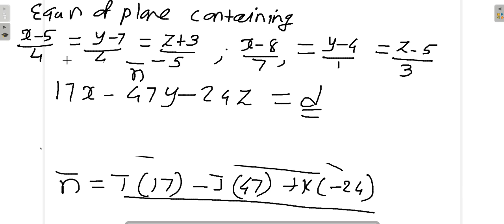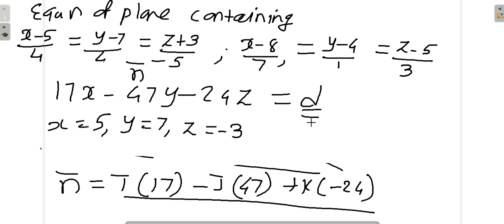Now how to find d? You know, the point 5, 7, minus 3 lies on the plane, because as the line lies on the plane, this point also lies on the plane. Either this point or this point will give you the same answer. So let us put here x equal to 5, y equal to 7 and z equal to minus 3. That gives you the value of d. So 85 minus 47 into 7 and minus 24 into minus 3.